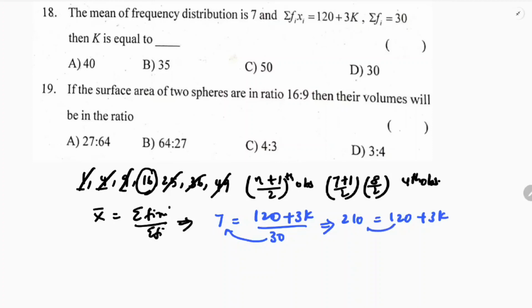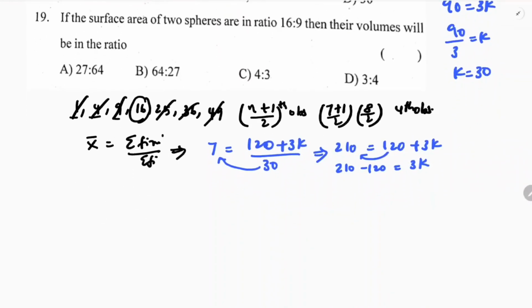If you transpose 120, 210 minus 120 is 3k. So 210 minus 120 is 90, equals 3k. So 90 by 3 equals k. So k value is 30. So the correct option is D.